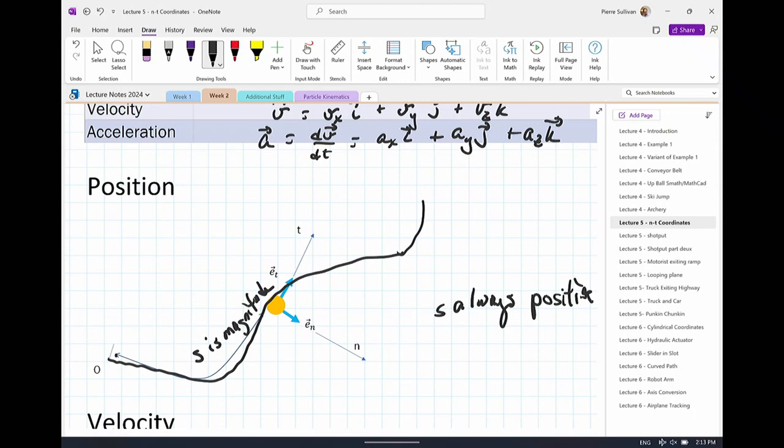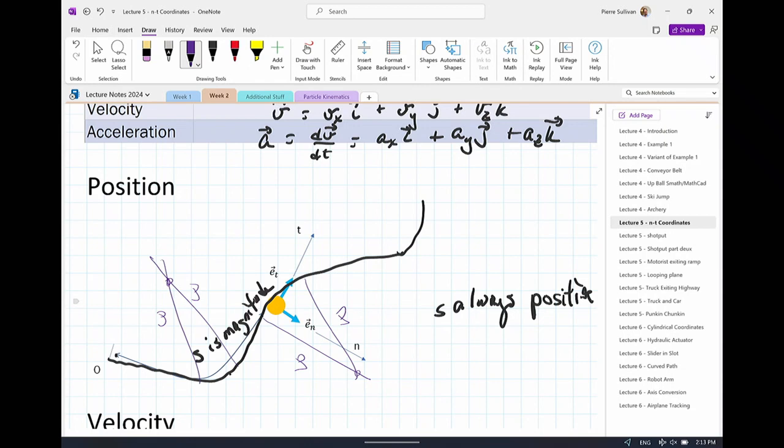The other thing that's a little bit tricky is that we look at curvature. And as you're moving along that curvature, you have two things that are going to eventually be defined. It'll make a little bit more sense when we look at velocity because we don't care about position.